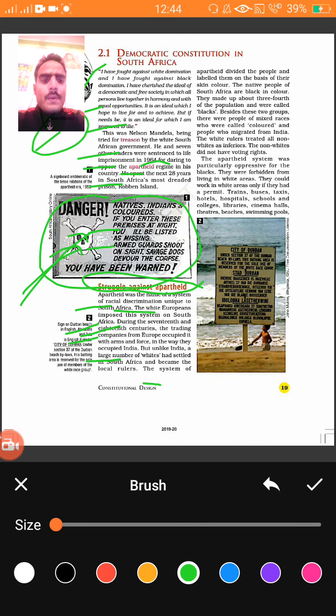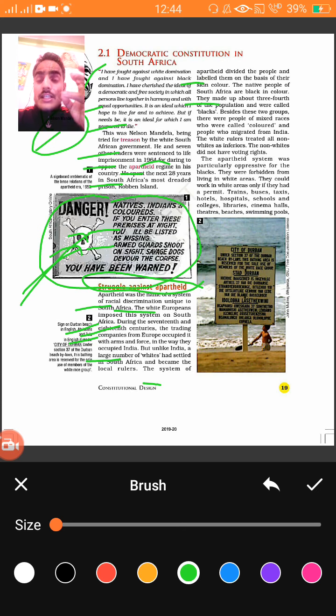The system of apartheid divided the people and labeled them on the basis of their skin color. उनको skin color के according label किया जाता था in South Africa. The native people of South Africa are black in color. You know, they made up three-fourths of the population and were called blacks.